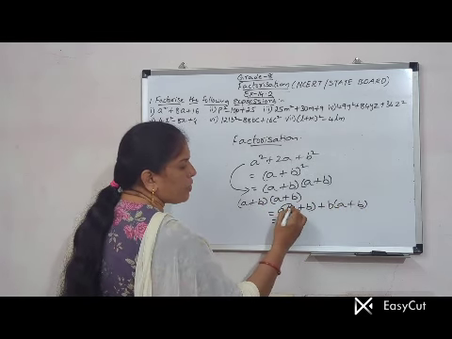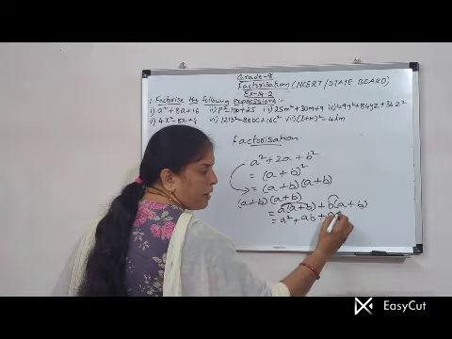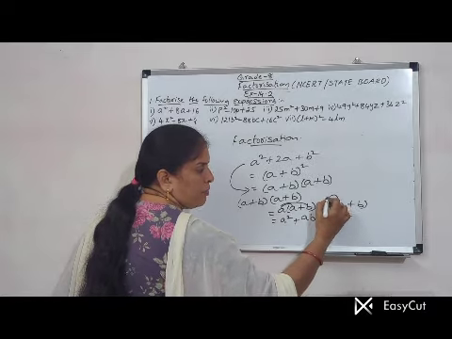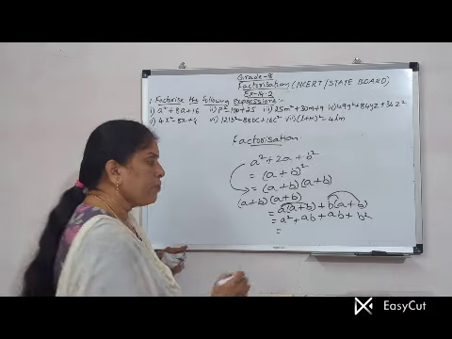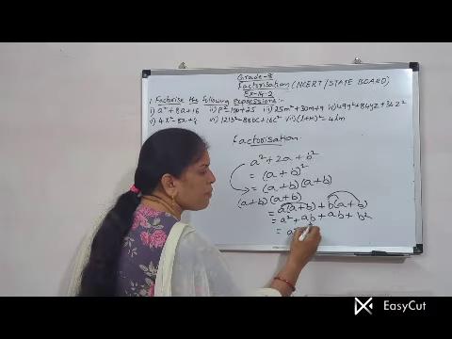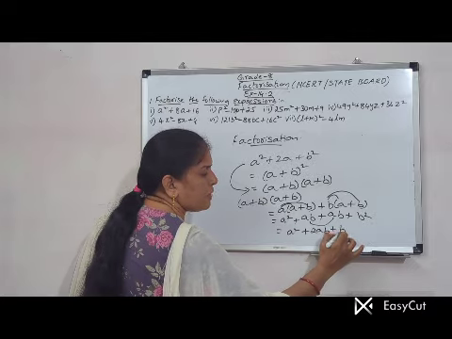See here, a into a is a square, plus a into b is ab, plus b into a is ab or ba, plus b into b is b square. See here, a square, how many ab's are there? 2ab, plus b square.